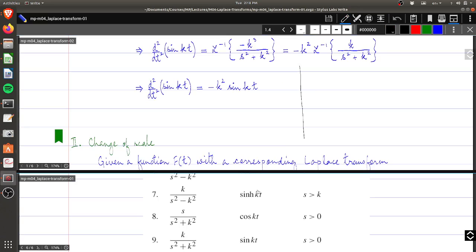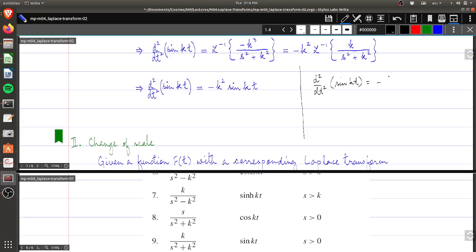So you can actually use the same result. If I go the other way around, we have d square by dt square of sin kt is equal to minus k square sin kt.